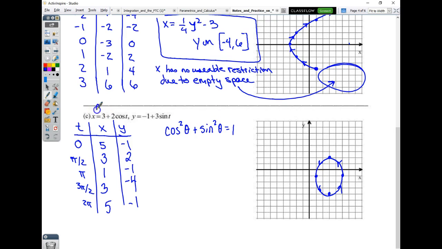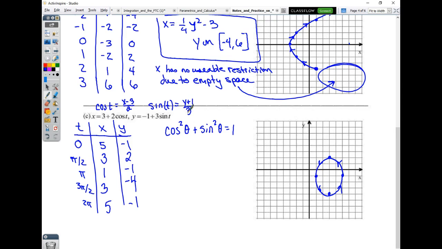Because up here I can figure out that the cosine of t is really what? Just get the cosine of t by itself. What would the sine of t be? All right.